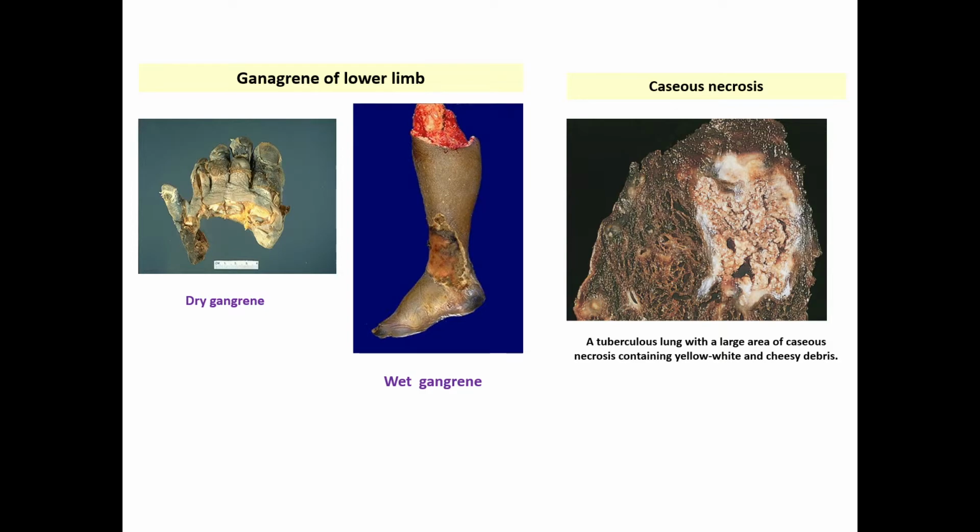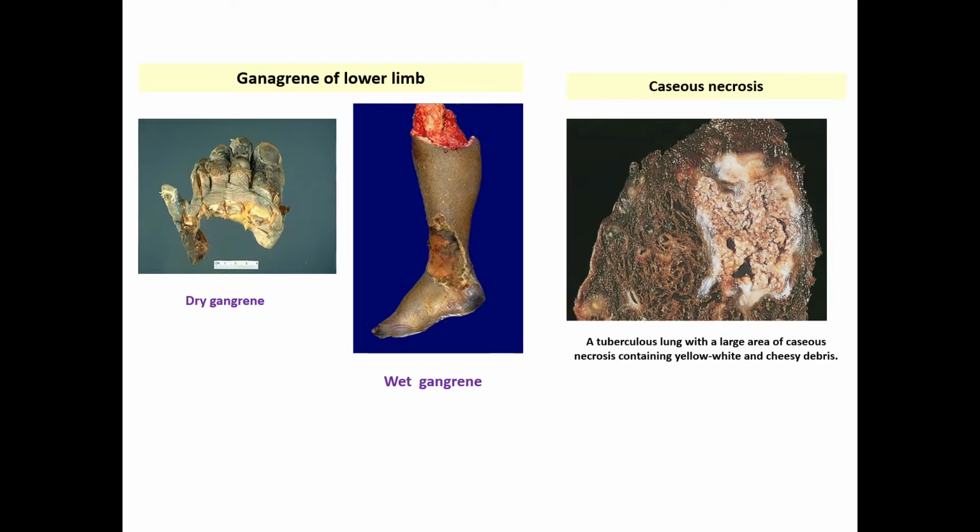Here is the gross appearance of two types: gangrenous necrosis and caseous necrosis. On the left side we have the gangrene of the lower limb. You notice on the left side dry gangrene, which is coagulative necrosis involving multiple layers, and wet gangrene, which is coagulative necrosis involving the lower extremities of multiple layers with superimposed infection.